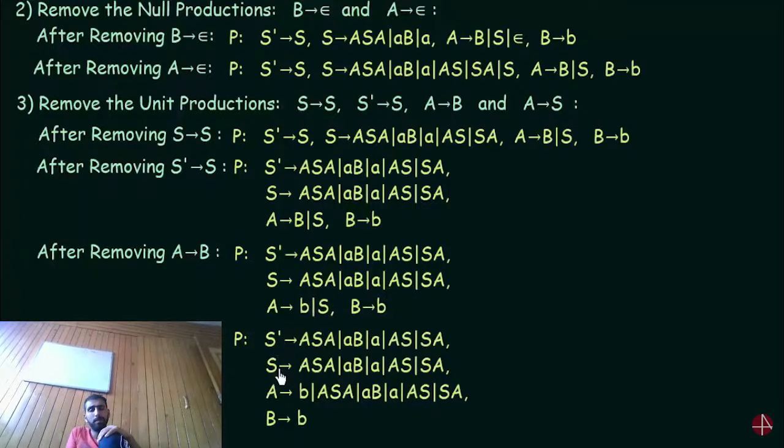S dash and S remain the same, no changes. Here A gives B, which was already there, and instead of S, I will put the whole value of S, and then B gives b remains the same. So by this we have removed all the unit productions from our given CFG. Now we can go to the next step.